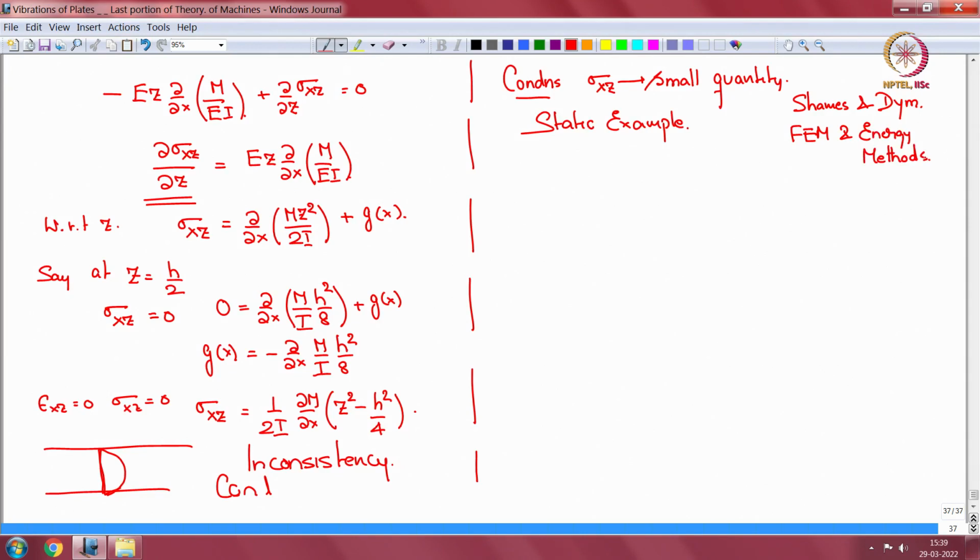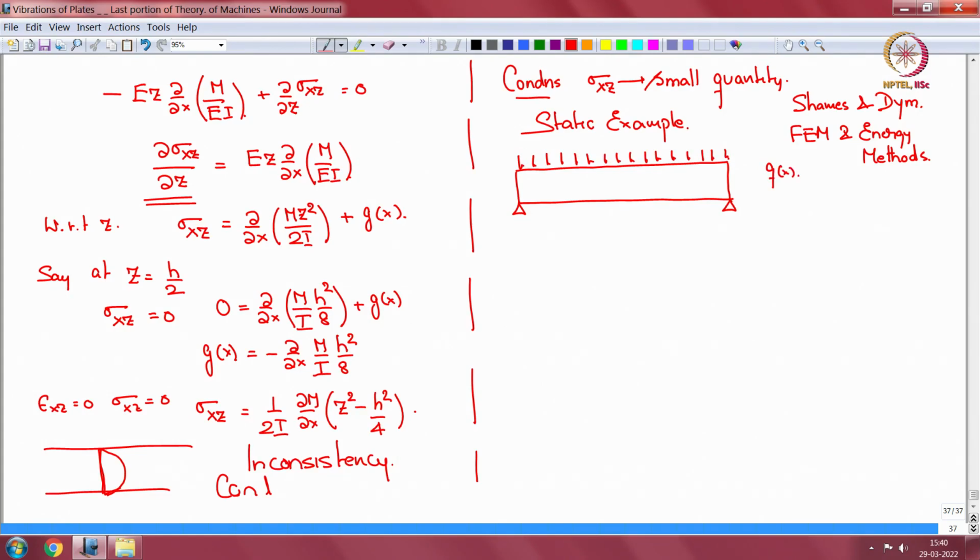So the example is this: you have a simply supported beam, and you load it with a uniformly distributed load, that is q of x.